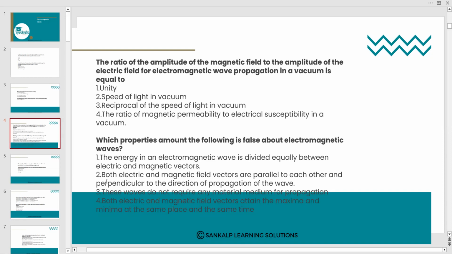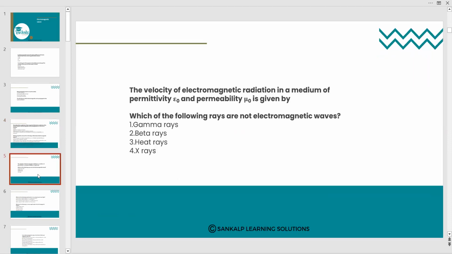If you want to confirm, look at options C and D. These waves do not require any material medium for propagation. Yes, they can travel in vacuum also. Both electric and magnetic field vectors attain the maxima and minima at the same place and at the same time. Yes, that is also correct. So option B is not suitable for the electromagnetic wave.